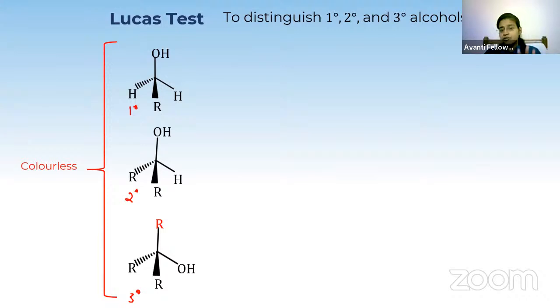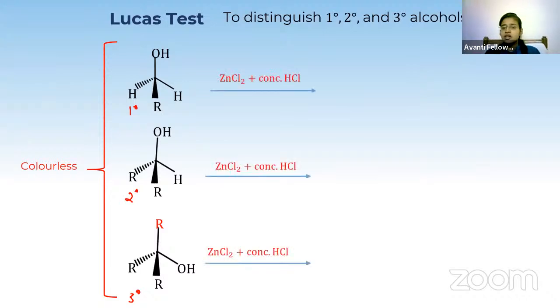Got it? If I make all these alcohols react with the Lucas reagent, we should know what a Lucas reagent is, right? It is zinc chloride and concentrated HCl. If I make them react with zinc chloride and concentrated HCl, the tertiary alcohol will form the compound immediately, and turbidity will also form immediately.